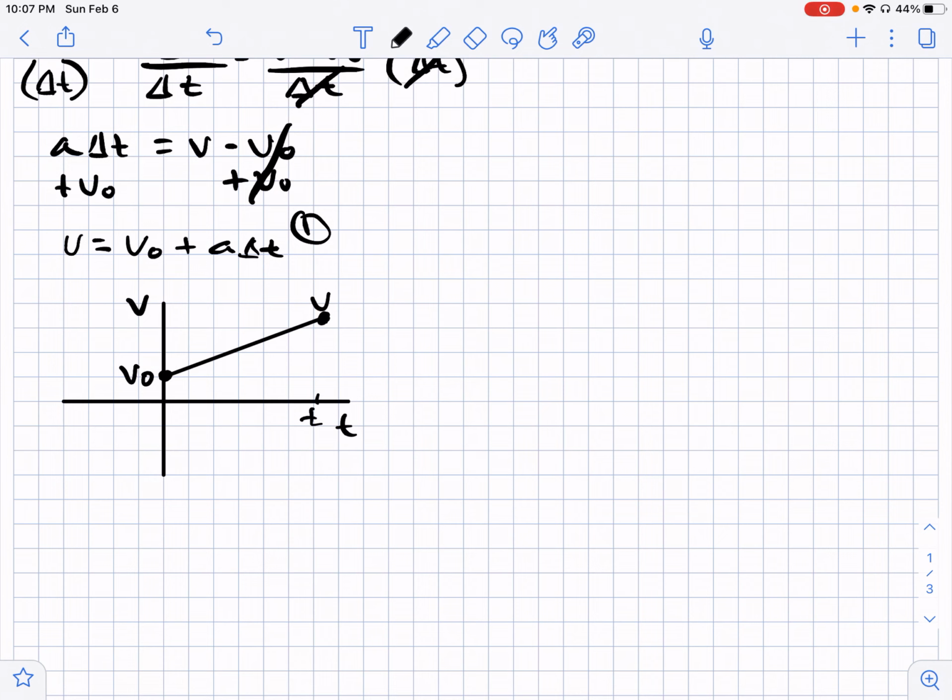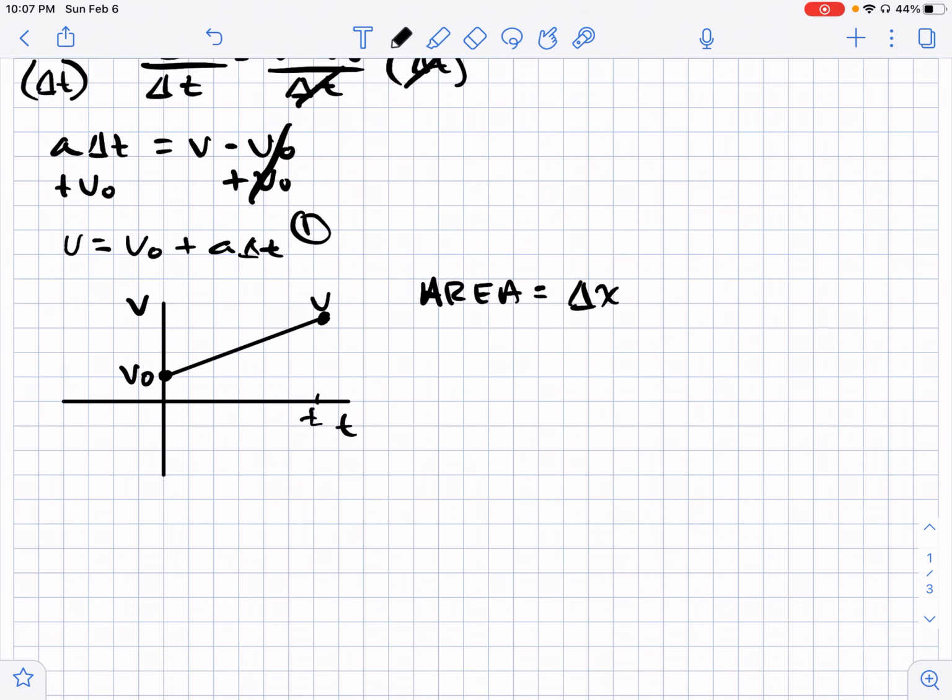And one thing that we've done with a velocity time graph, we found the slope, but we also found the area underneath the curve. And if you remember, the area under the curve was equal to your displacement, your delta x. So this is how we're going to actually derive our second kinematic equation.